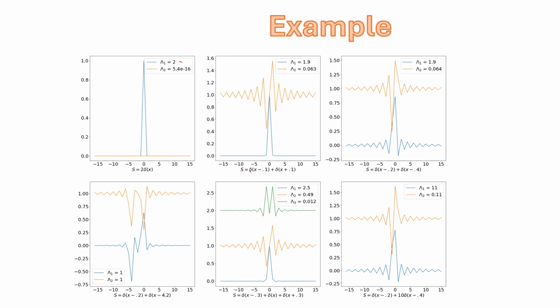So down here at the bottom, you see the field that's exciting the source here. And in this case, we have a source at minus 0.1 and a source at plus 0.1. And now we get the first mode has an eigenvalue of basically 2, but a little less than 2. And the second one is 0.06, so small, but not 0.